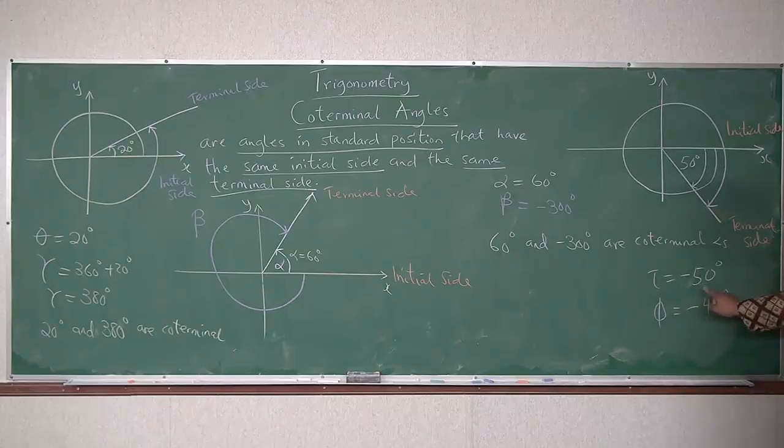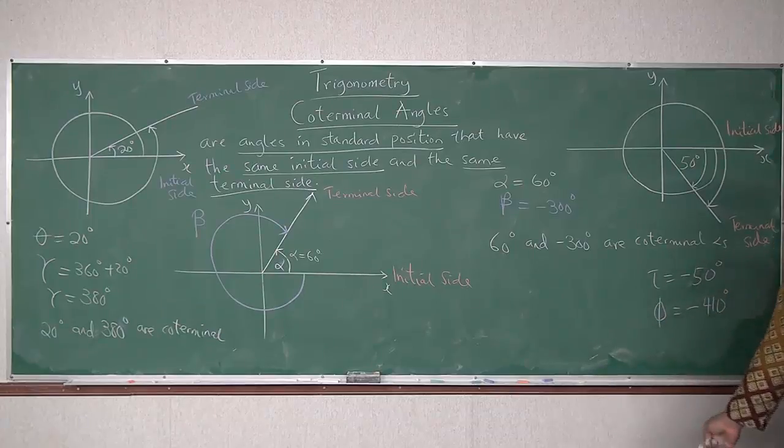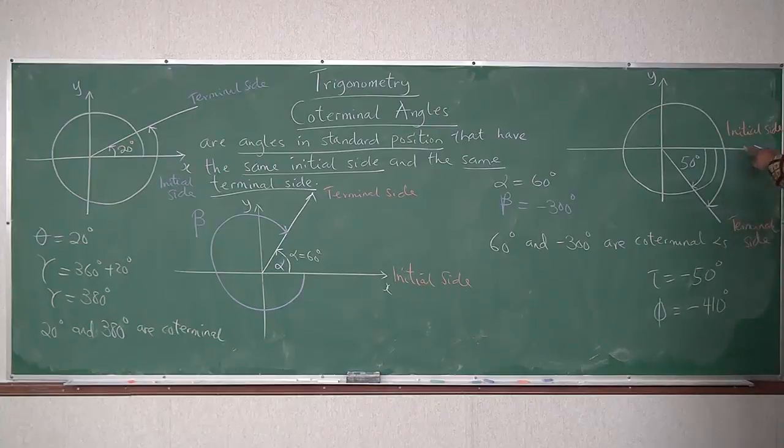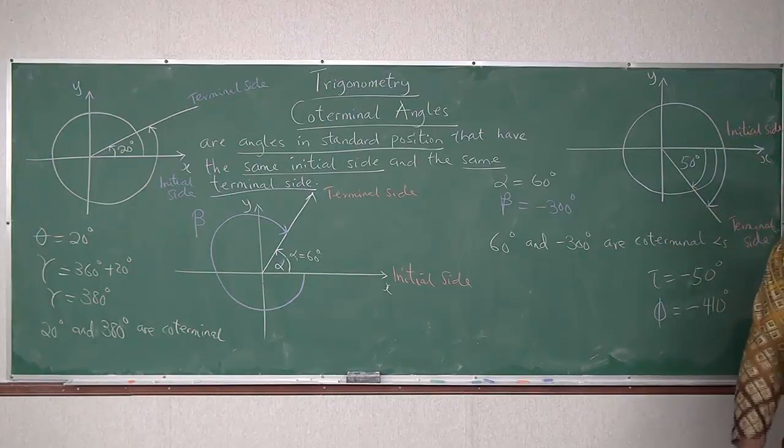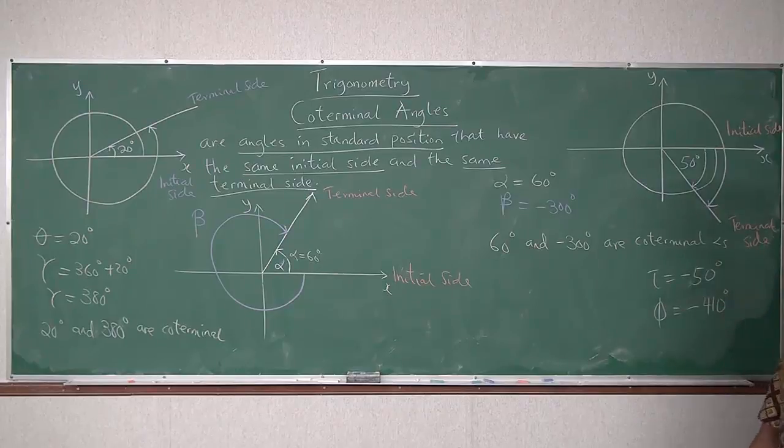So, we said that negative 50 degrees and negative 410 degrees are coterminal angles. If I want another one, I start from the initial side and make two complete revolutions and come back and end on that terminal side and find that angle too. So you can list as many as you want to.